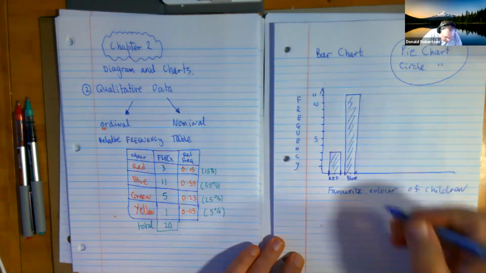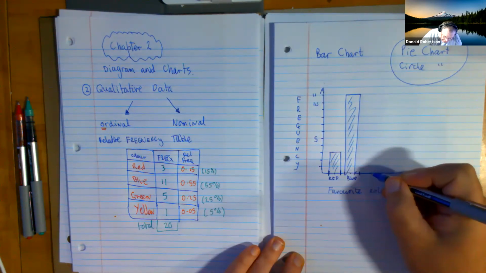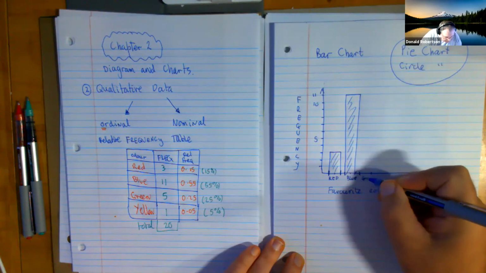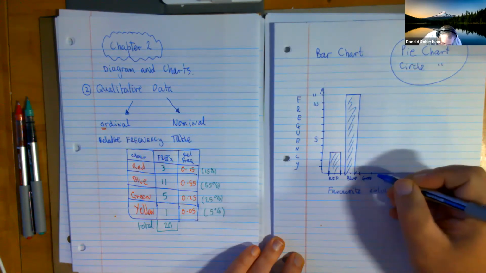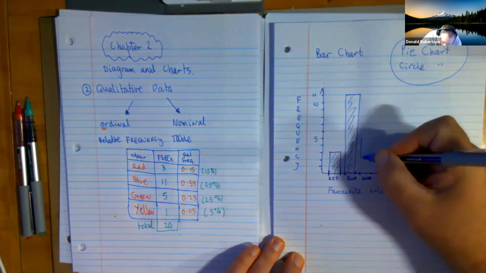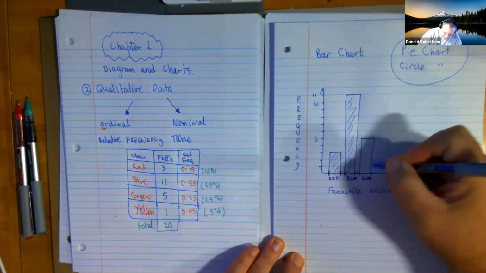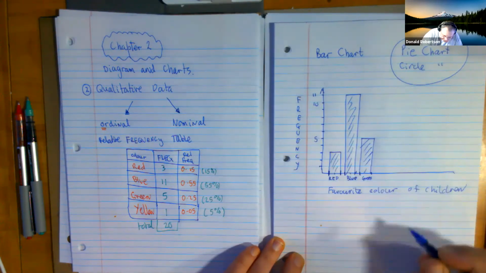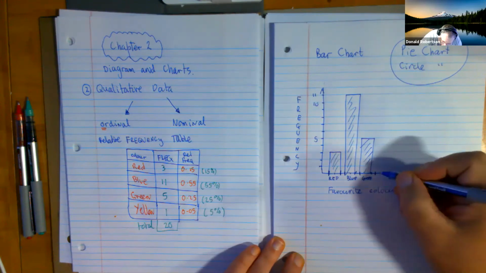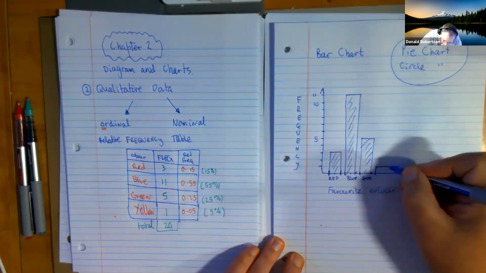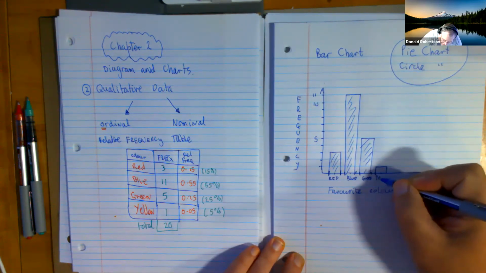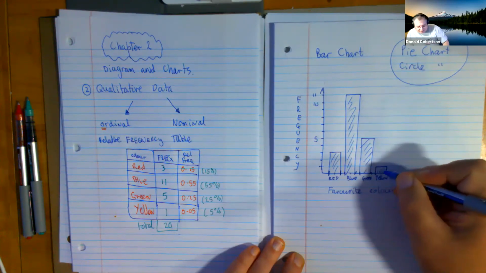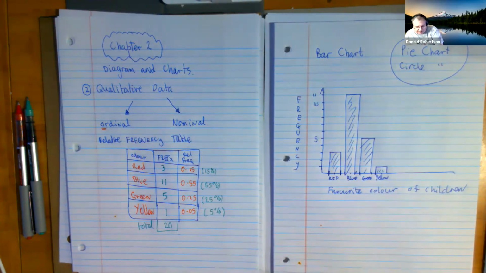And you start here and you finish here, and this can be green. And green is 5, so it takes you to about here. And then you have a little gap again, and poor little yellow looks like that. And that's basically a bar chart.